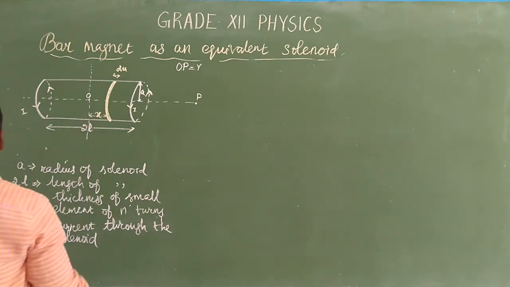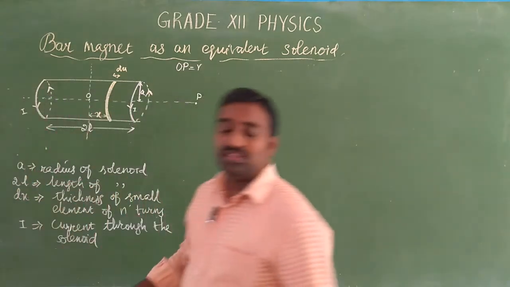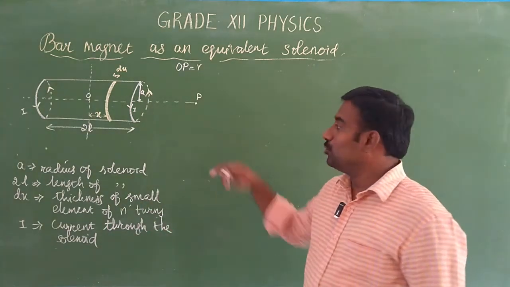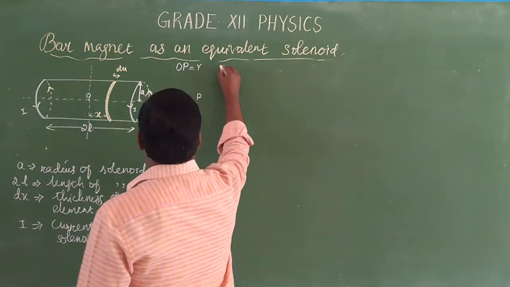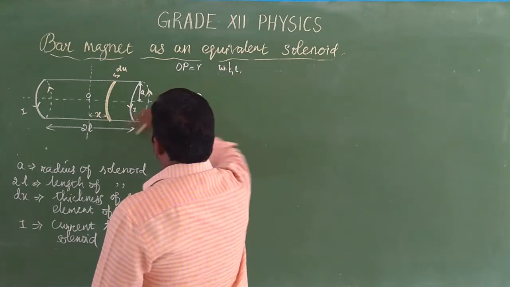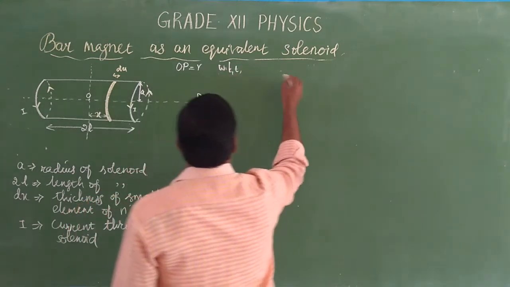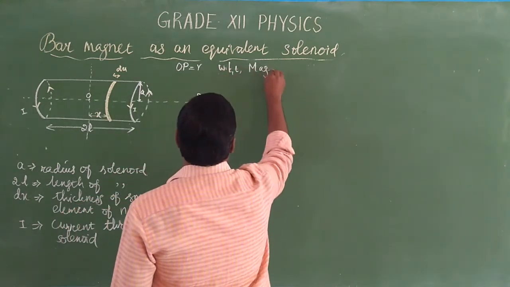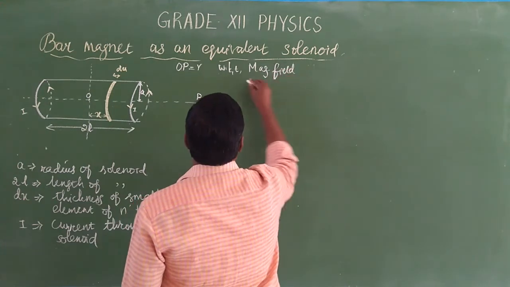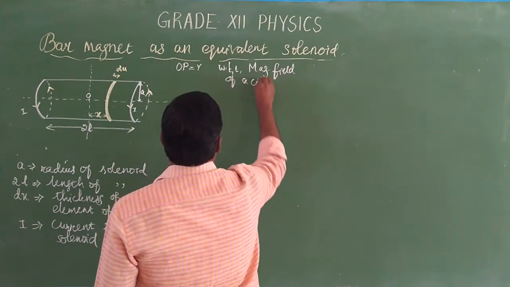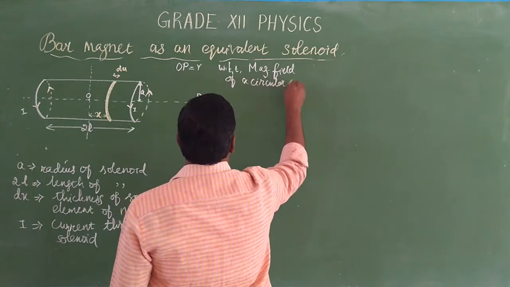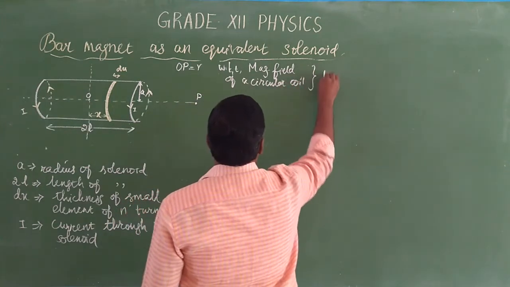Okay, so after that, we already know the magnetic field of a circular loop. We know the magnetic field of the circular coil from the 4th lesson we have studied. So what is the magnetic field?